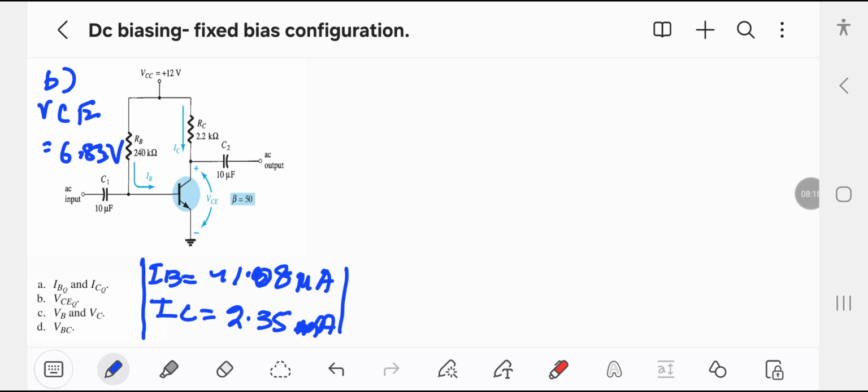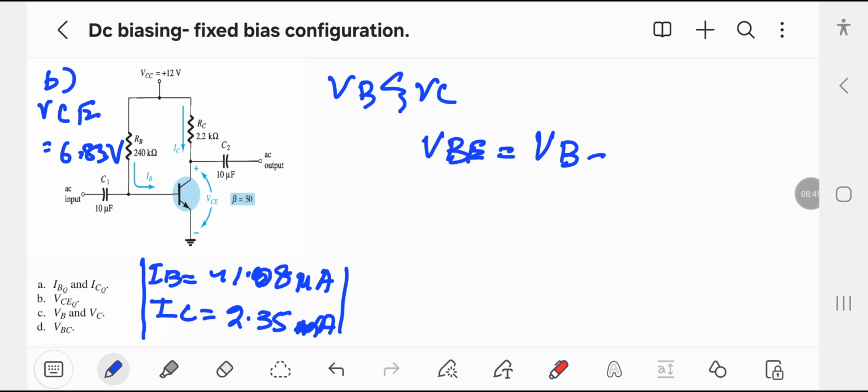Now to find VB and VC in the third case, as we know that VBE is actually equal to VB minus VE.